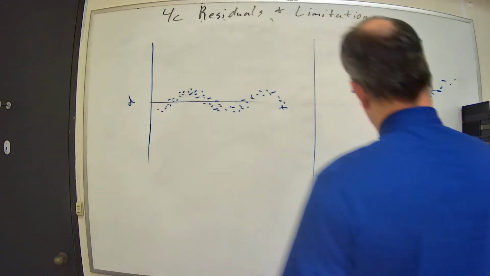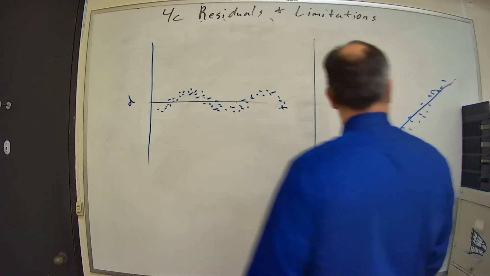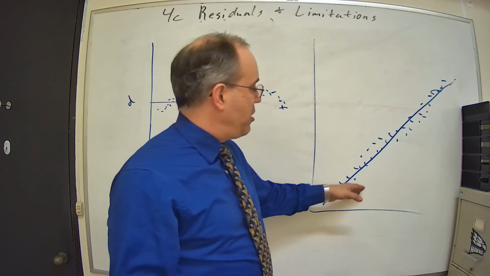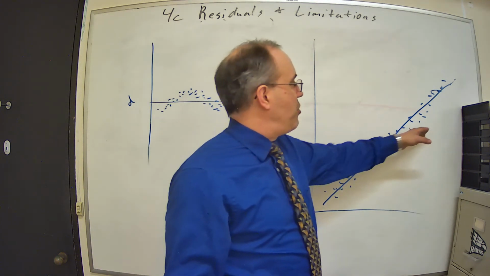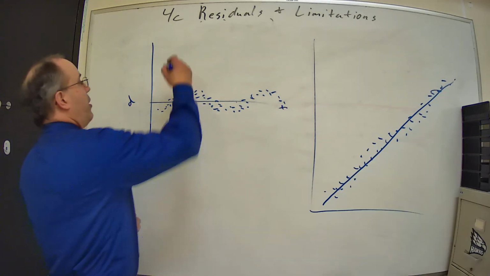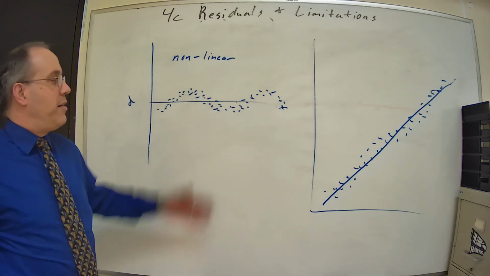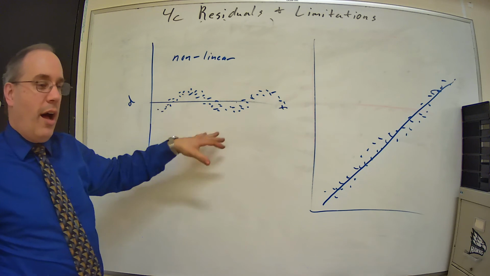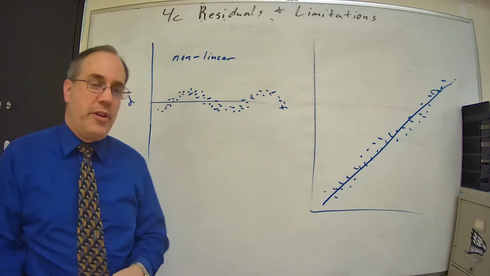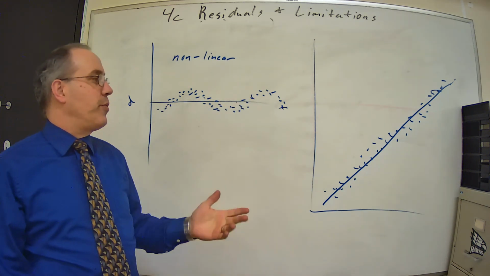But when you draw a least squares regression line through it, you see that it tends low, and then it tends high, and then it tends low, and then it tends high, and it's actually oscillating. So I'm going to put this as nonlinear. It's kind of zooming in and shows me that was nonlinear data. I could get a better predictor if I used a nonlinear regression equation as opposed to dealing with linear.